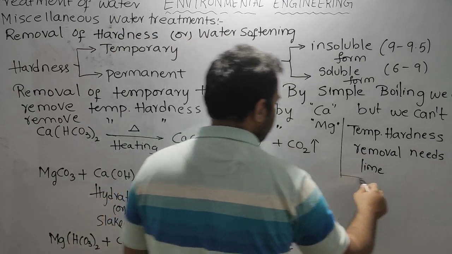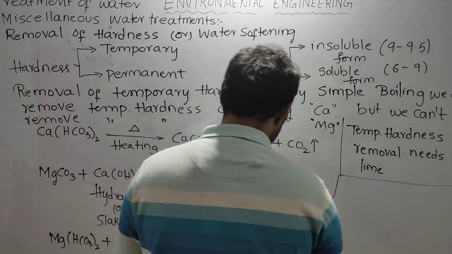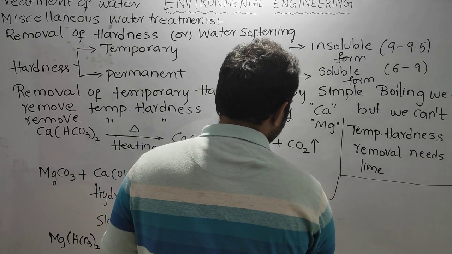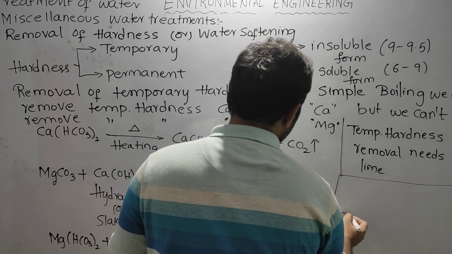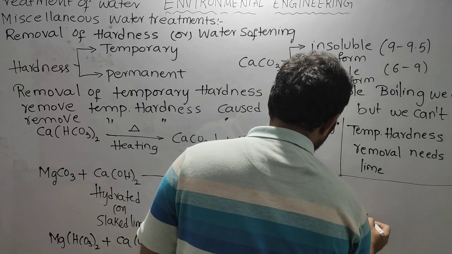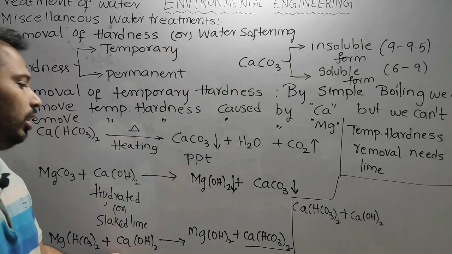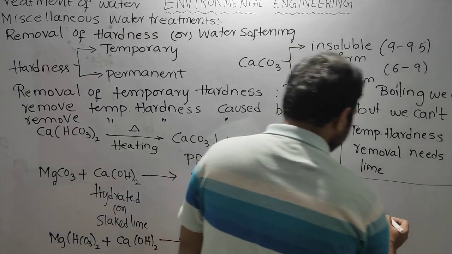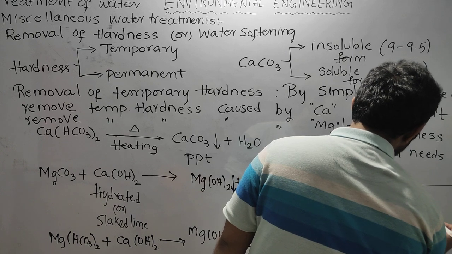After this hydrated lime reaction, the Ca(HCO3)2 reacts with lime again, the excess lime present in the water, which goes and reacts with the calcium bicarbonate and forms 2CaCO3 plus 2H2O.